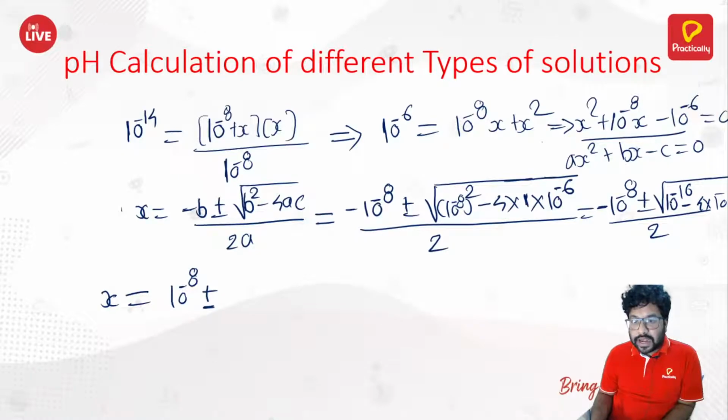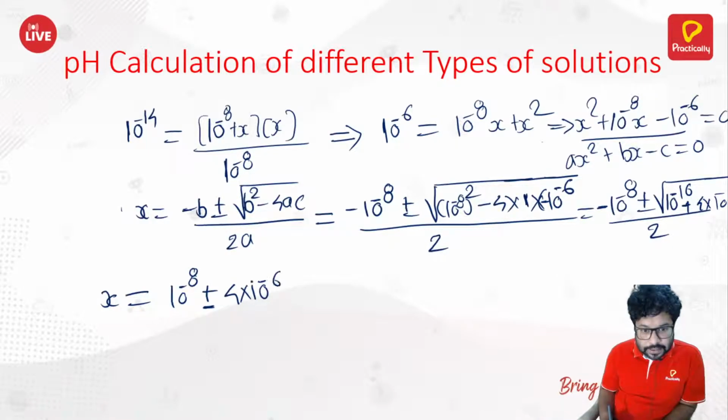Basically you can ignore this 10 raised to minus 16, it's a very small number actually. But one more thing, just a sec. This is 10 raised to minus 6 now. Yeah, it will get added, so this minus actually becomes plus. So basically this is 4 into 10 raised to minus 6 only, divided by 2.